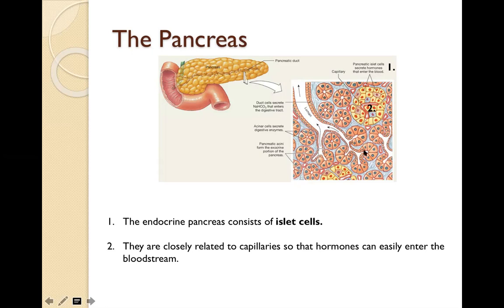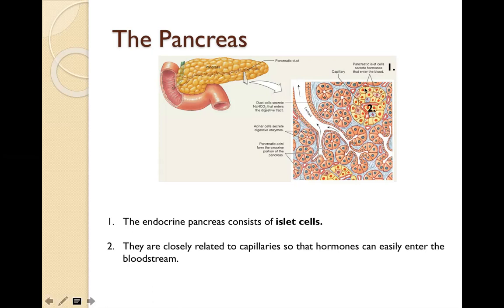The difference between that exocrine function that went into the ductal system and the endocrine function: if you remember from the first classes, when I talked about endocrine hormones, I said that they enter the bloodstream.